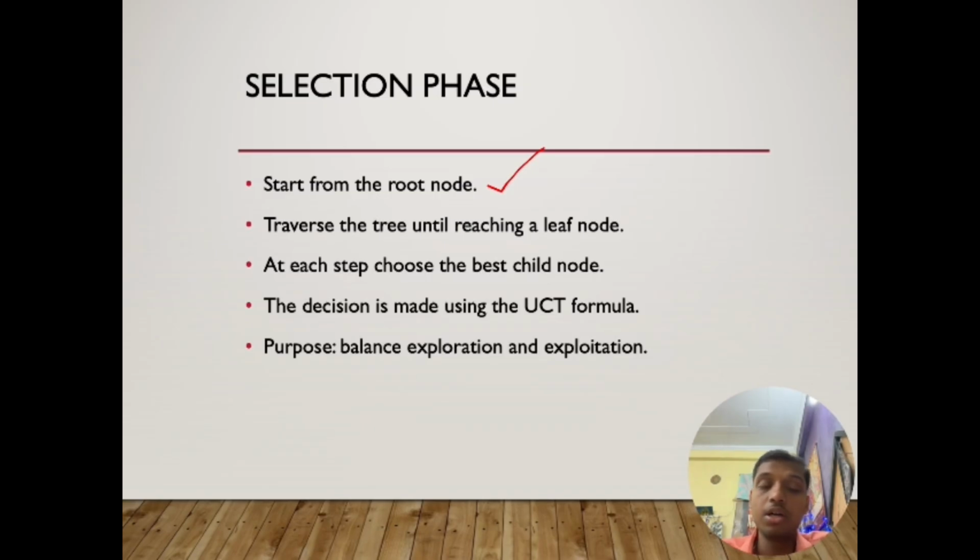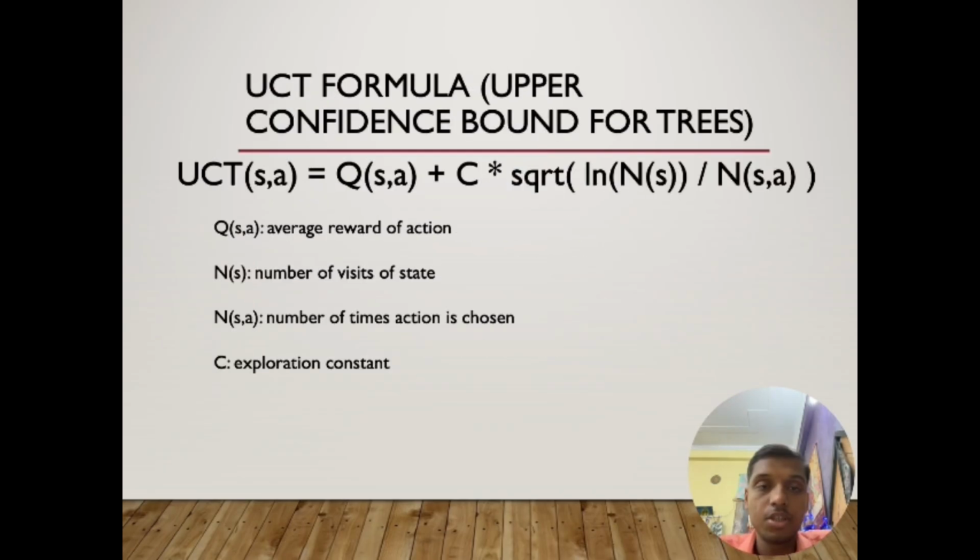This continues until we reach the leaf node. The decision of which node to select is made using the UCT formula, upper confidence bound formula, which balances exploration and exploitation. The main purpose is to select the best child among them.